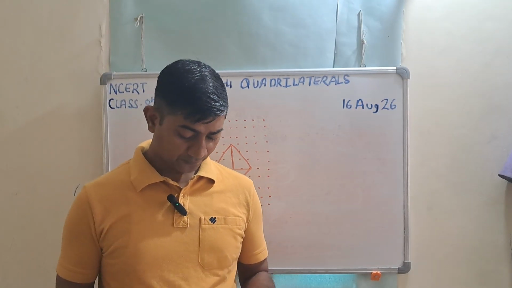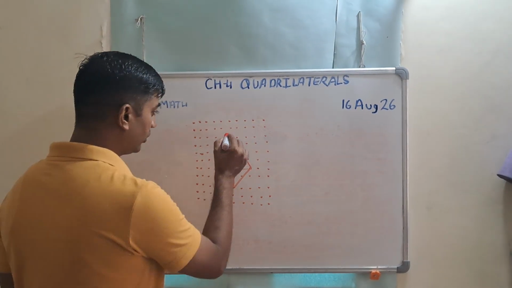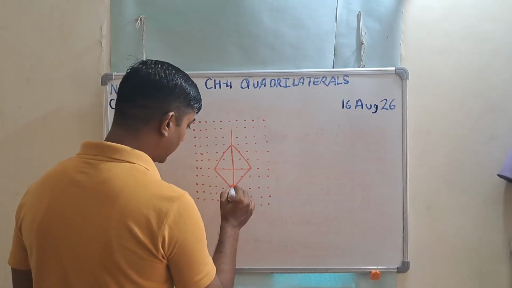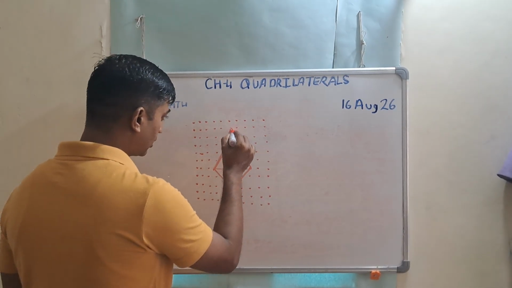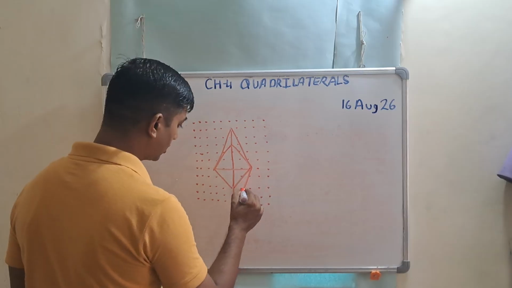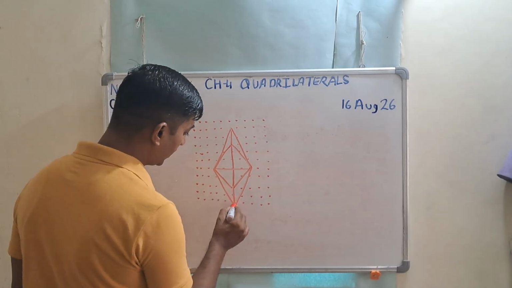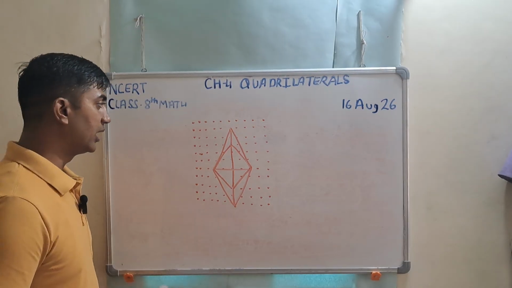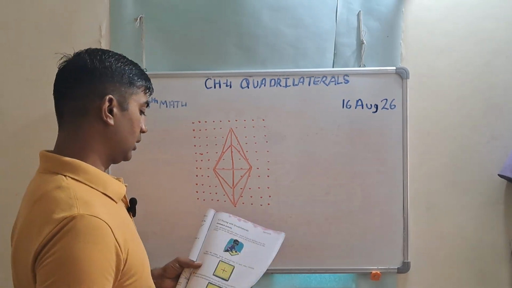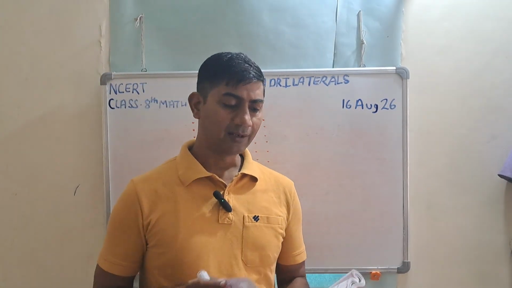In the same way, in the second case, you increase this length, then you join, understood. Then this is the activity which you can do on your dot grid paper, or if you have a geoboard. Now we will move to the next topic.